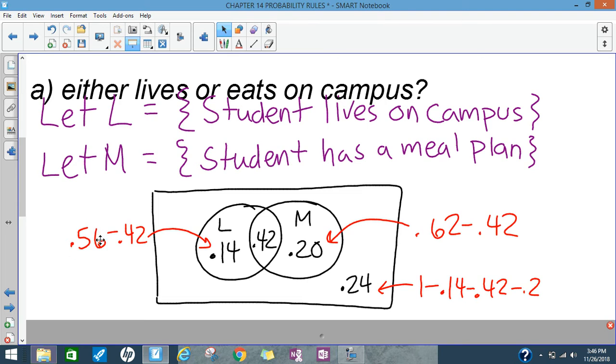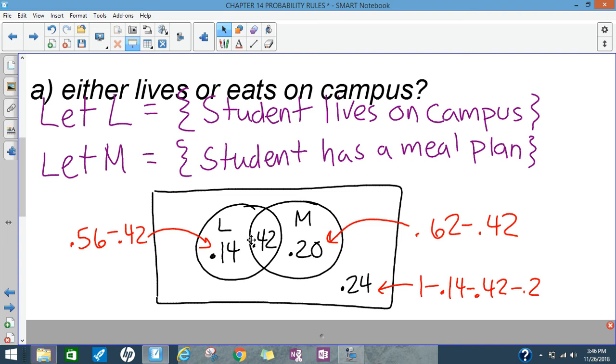I had 56% that lived on campus. So this area here in the circle represents all the people who just live on campus. And so I do 0.56 minus 0.42. This area of the circle represents the people who just have a meal plan. And so of those 0.62, I subtract away the 0.42 that were already on the picture and get 0.2.